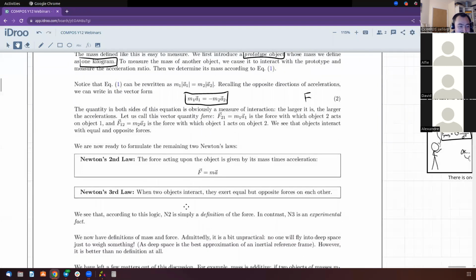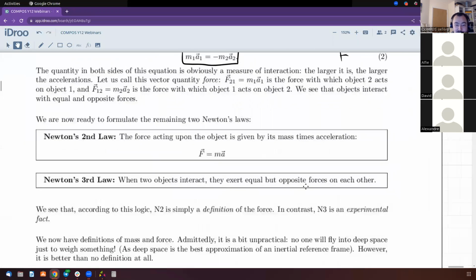Anyways, going back here. Newton's 3rd law: when 2 objects interact, they exert equal but opposite forces on each other. And we can see that N2 simply is the definition of a force. So Newton's 2nd law is the definition of the force, and N3 is an experimental fact, which we know to be true.